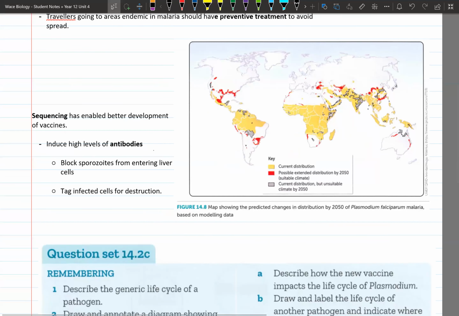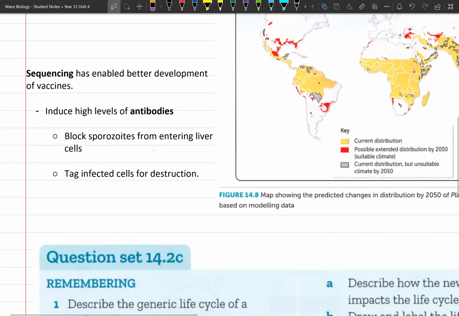Now, lastly, sequencing, and more specifically with viruses. Sequencing, you guys remember, is basically understanding the DNA sequence. If you know the DNA sequence, you know the gene, you know the protein. So by understanding better sequencing of DNA, you can create better vaccines. Remember, antigens, just like antibodies, are proteins.